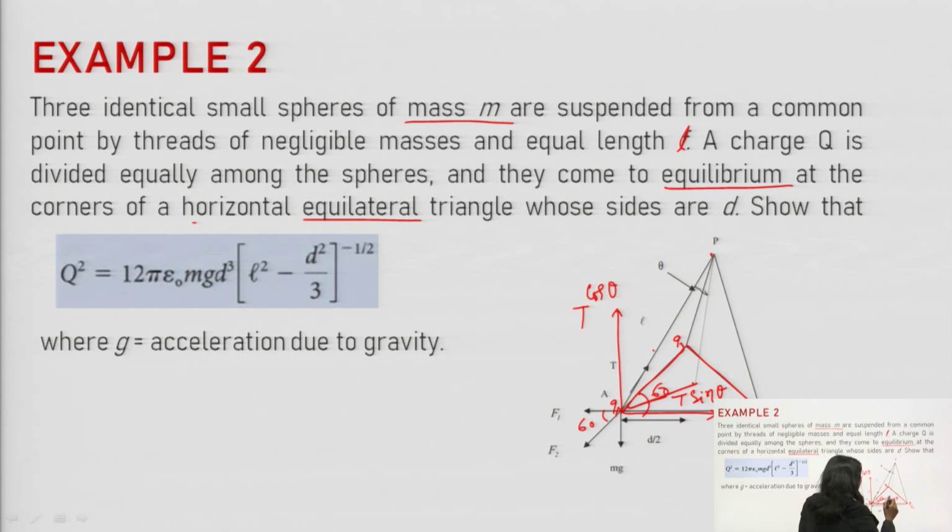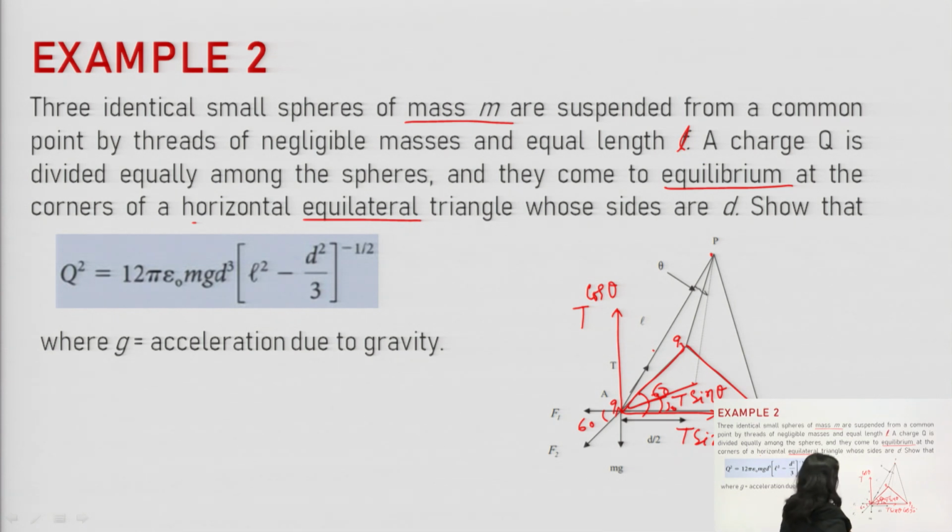Now this line is the midway of this 60-degree angle, so definitely this angle will be 30 degrees, and the component of T sin theta along this line will be T sin theta cos 30 degrees.